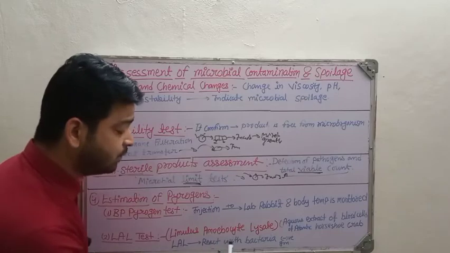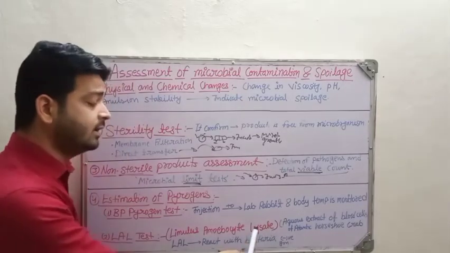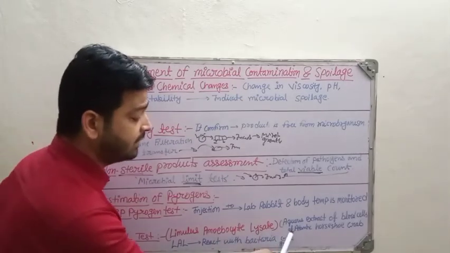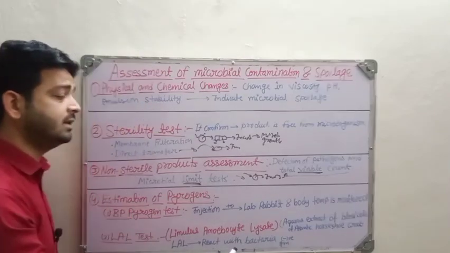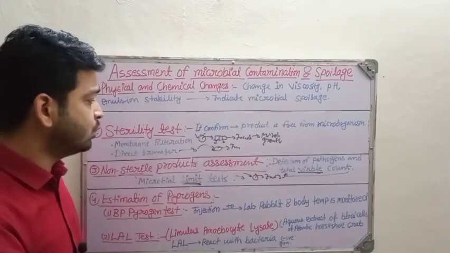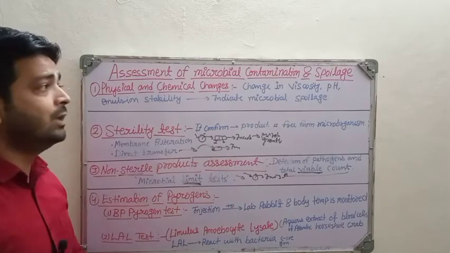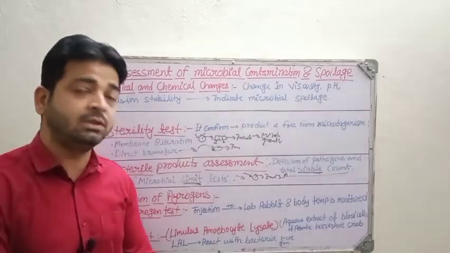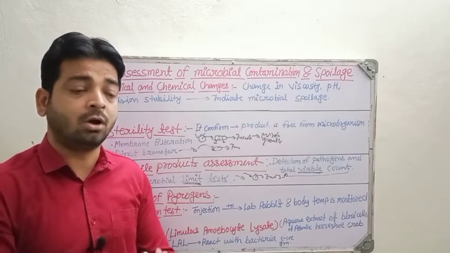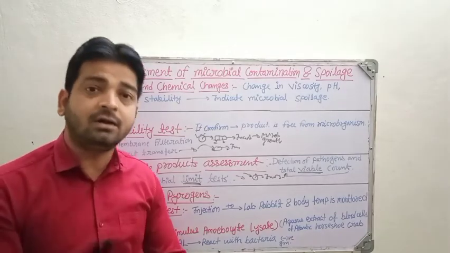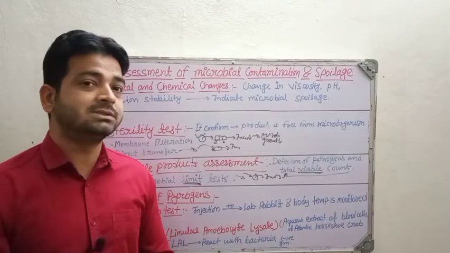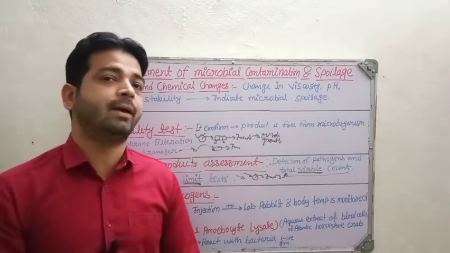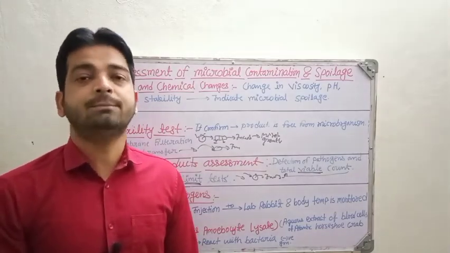It reacts with bacterial endotoxin, and it indicates whether gram-negative bacteria are there or not. With these methods we confirm whether microorganisms are present in the pharmaceutical product, or whether the product has been spoiled or not. So this is the detection or assessment of microorganisms in pharmaceutical products. Thank you.